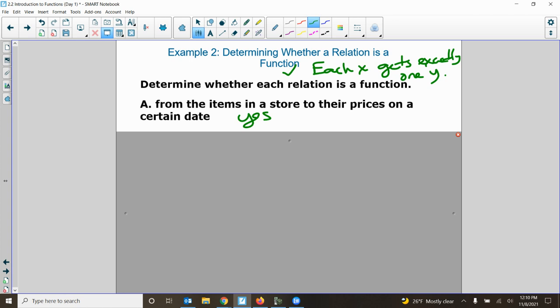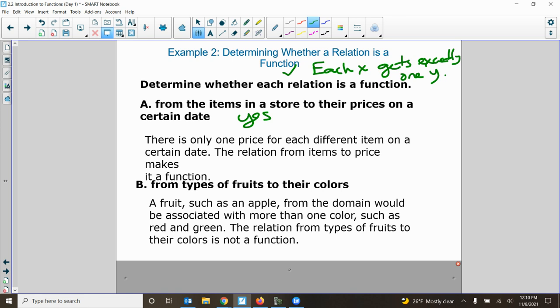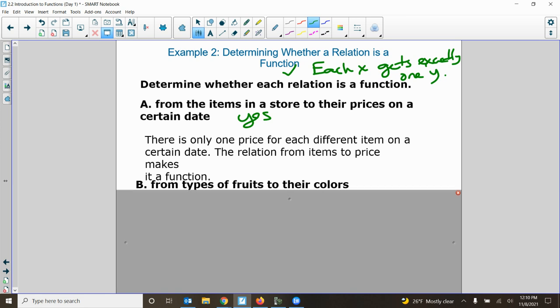Am I making sense? Now let's flip it. Types of fruit getting sent to the color of that fruit. Type of fruit are the x's, and the color of that fruit is the y. Give me an example.